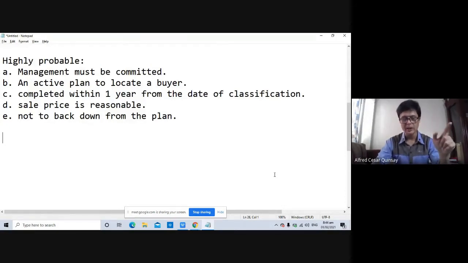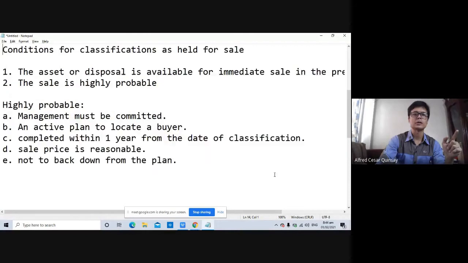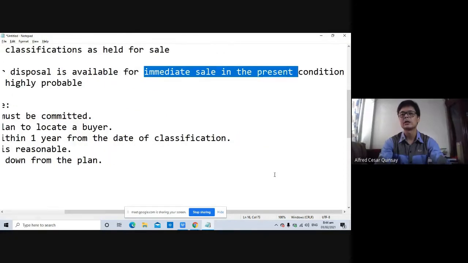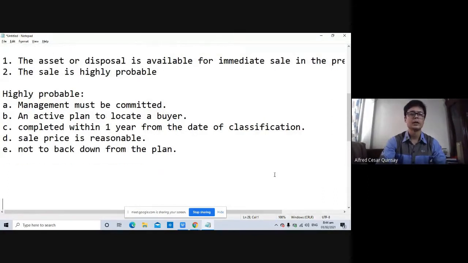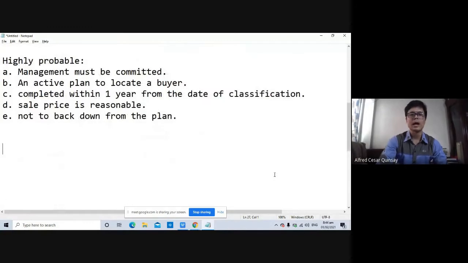Number 1 is again immediate sale in the present condition as is where is. Pangalawa, it is highly probable. Yan. So ito yung mga kailangan para matawag na non-current asset held for sale.